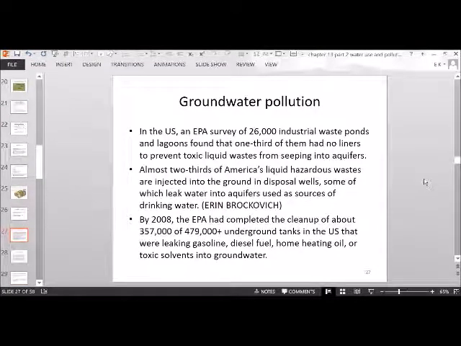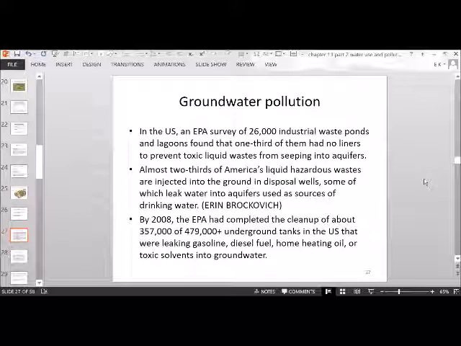In the US, an EPA survey of 26,000 industrial waste ponds and lagoons found that 1/3 of them had no liners to prevent toxic liquid waste from seeping into underground aquifers. Almost 2/3 of America's liquid hazardous waste is injected into the ground in disposal wells, some of which leak water into aquifers used as sources of drinking water.